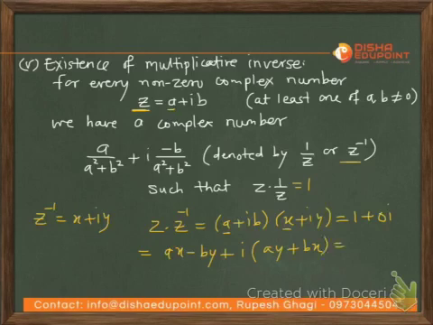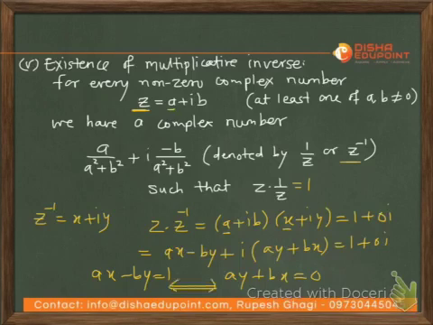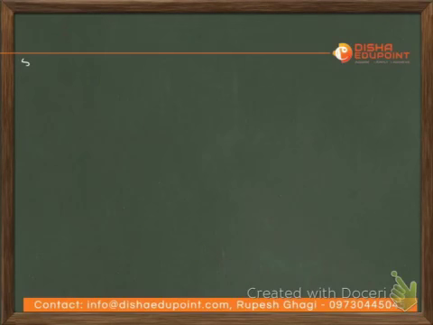So this is equal to 1 plus 0i. So we have AX minus BY is equal to 1 and AY plus BX is equal to 0. Now you can solve these two equations to get the value of Z inverse. I think you can do it by yourself.